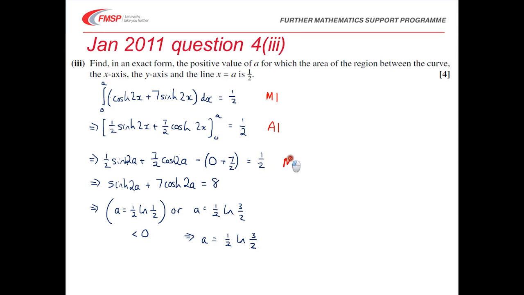A method mark for using the limits and getting a complete method to a value for A, and an accuracy mark for getting a final answer of a half log 3 over 2, and you must clearly reject the solution A equals a half log a half, but you don't have to give a reason in order to get the mark.